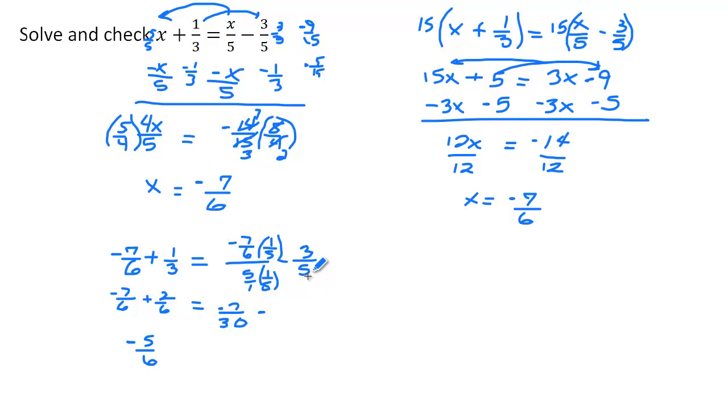In order to get 30ths, I'm going to have to take the 5 times the 6. But if I multiply the denominator by 6, I've got to multiply the numerator by 6. So a negative 7/30 and a negative 18/30 becomes a negative 25/30. They have a 5 in common, so it will reduce to negative 5/6. It checks.